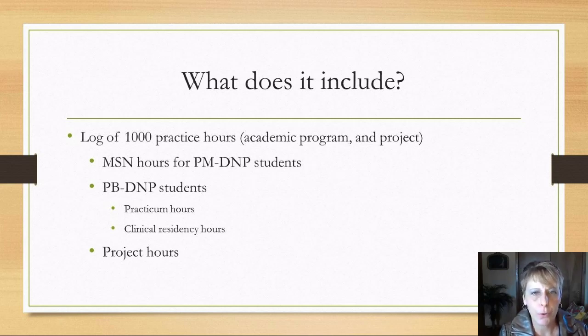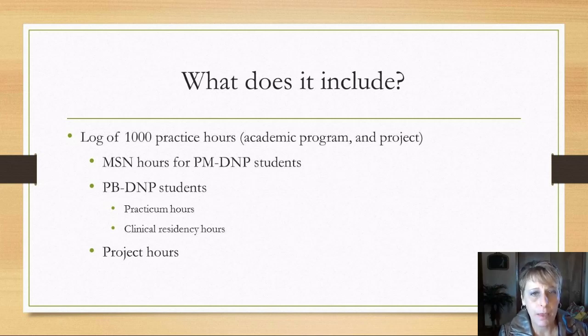If you're from our program, and depending on what year you graduated, Amy McClintock in the Graduate Nursing Office can help you figure out how many hours you had totally, or your advisor can help you with that as well. For post-baccalaureate DNP students, you have practicum hours because you're gaining your specialization as you go through the program. And so we know for the post-baccalaureate DNP students, your first 2 major practica are 240 hours in length.